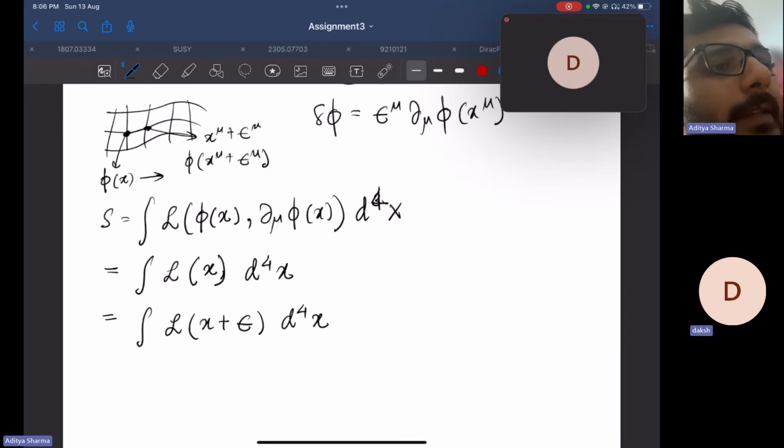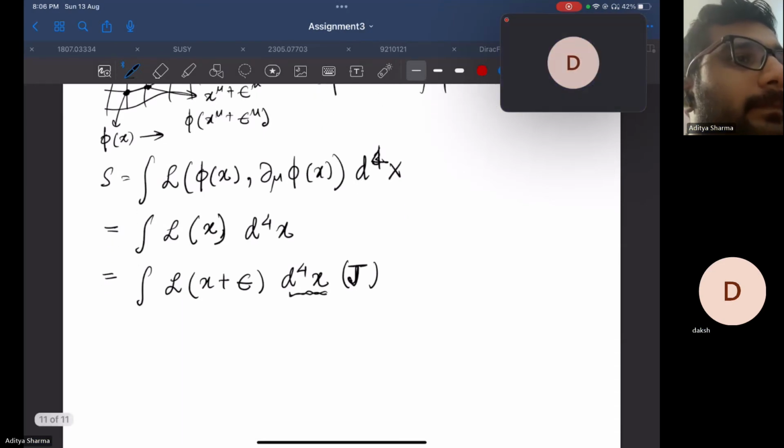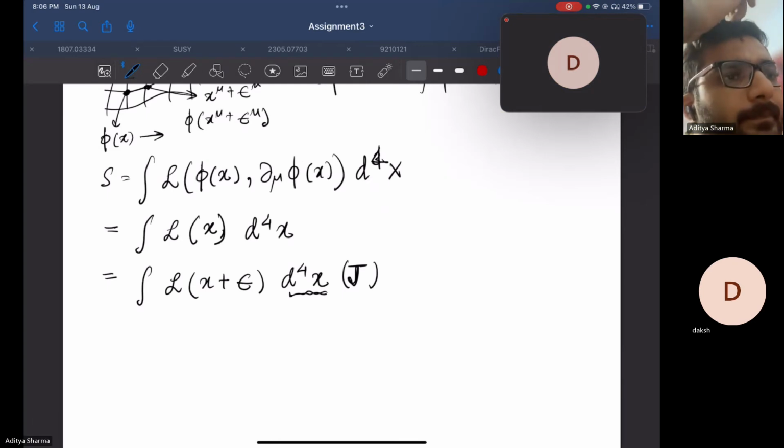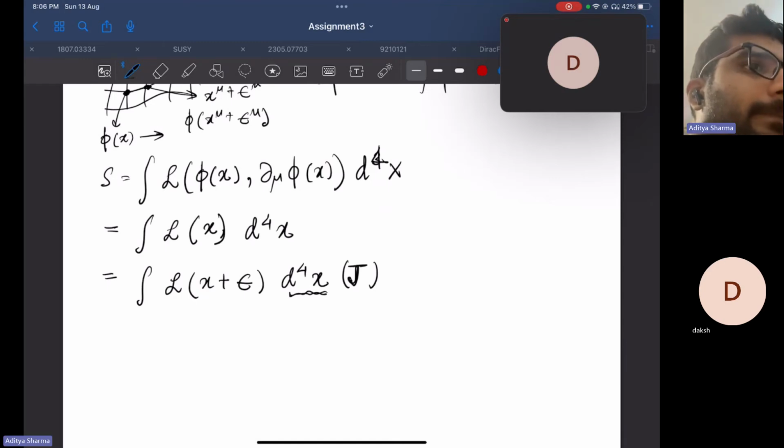When you do the transformation, you will find some Jacobian, because you're changing this measure also. Are you getting what I'm doing?